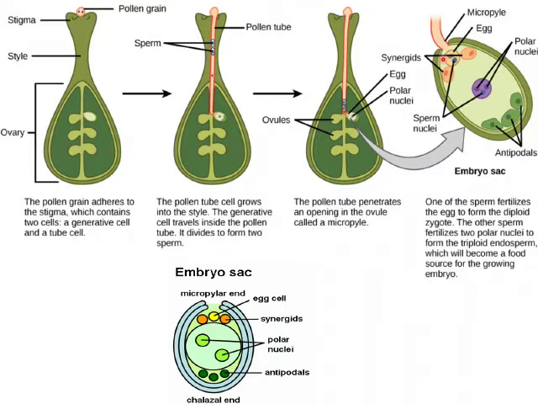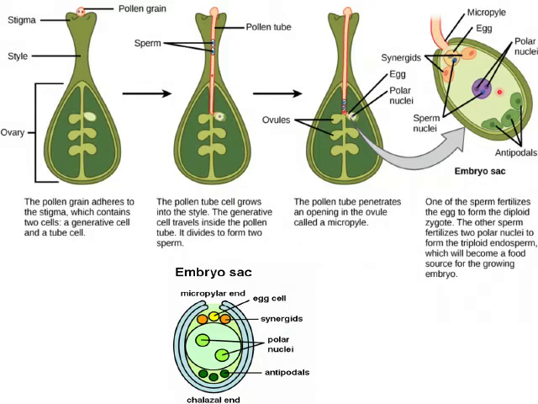Now the zygote is going to develop at the cost of the food that is stored in the endosperm of the seed. We have already said that this endosperm is going to provide food to the growing zygote. How good a seed is depends upon the nutrition that it is going to get from the endosperm.